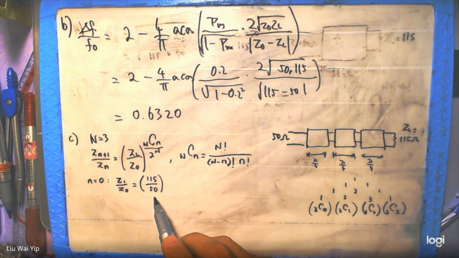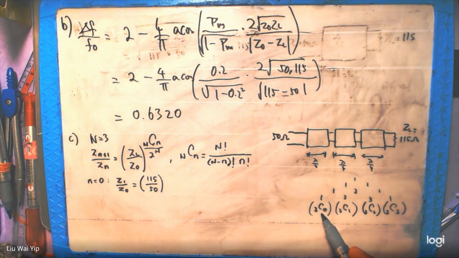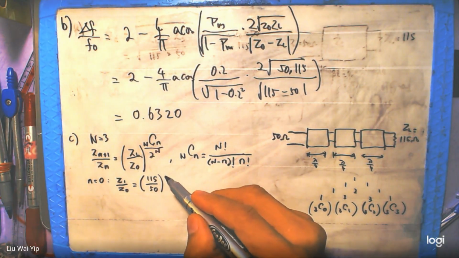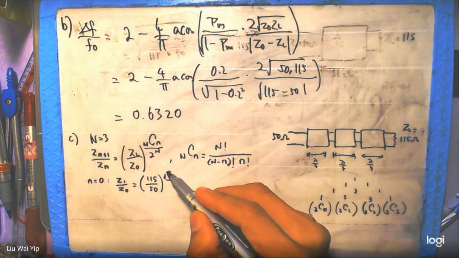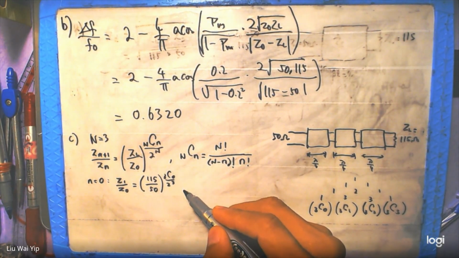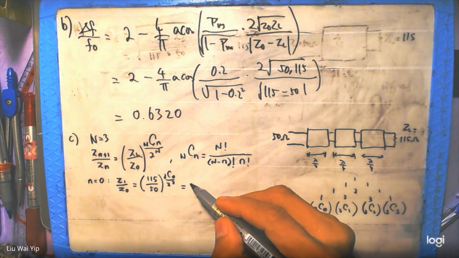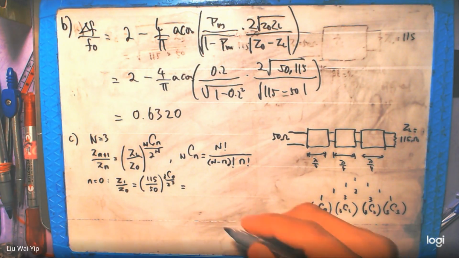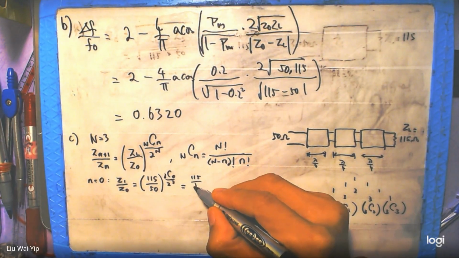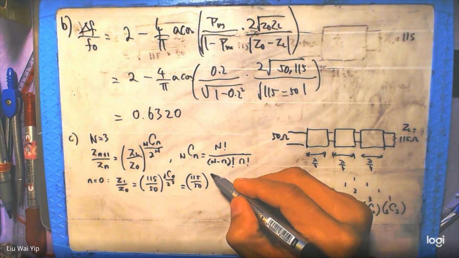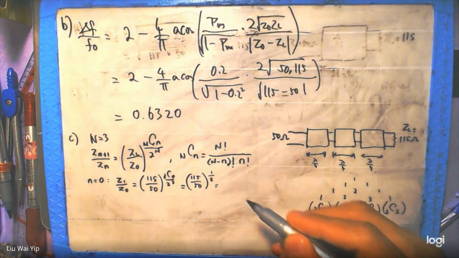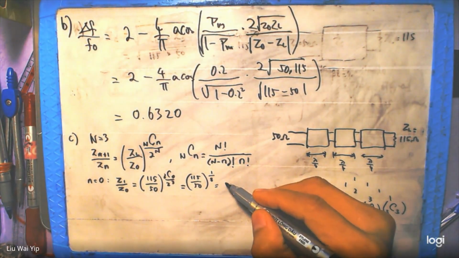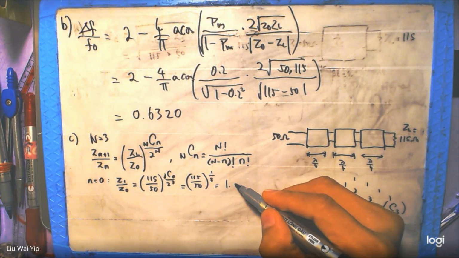Then 3C0 and 2 to the power 3. So I got 115 over 50 to the power 1 over 8, which is 1.1097.